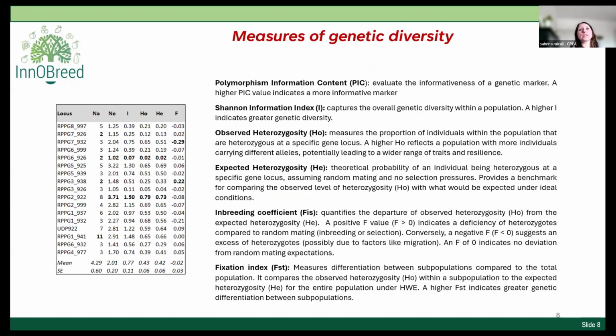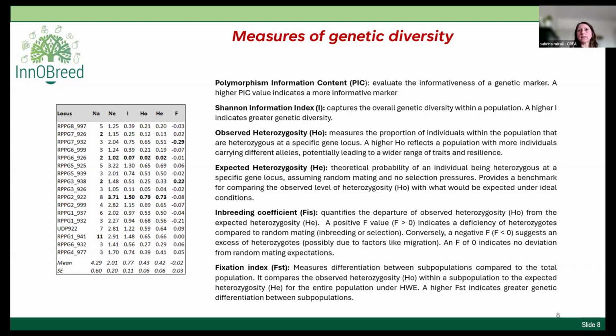Yes, so with molecular data, we are able to measure genetic diversity. Now, I won't go through all this list, which is a list of some of the indices and statistics with which we can analyze our material through molecular data.